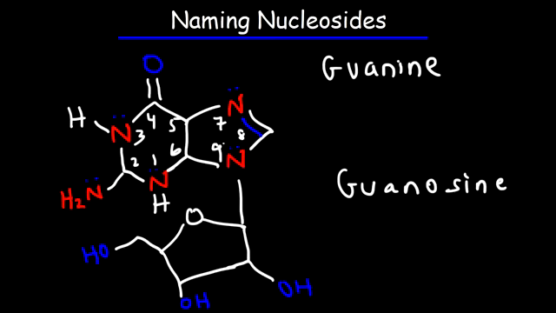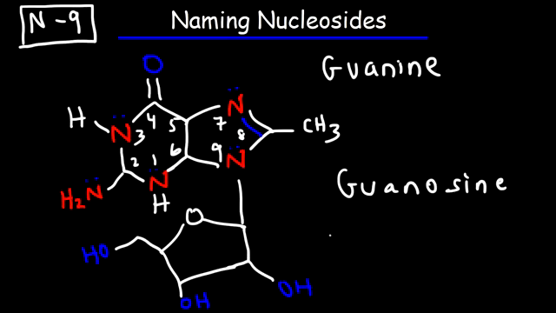So as we can see, the purine is attached to the ribose at the ninth position on the nitrogen atom. Now what happens to the name if we put, let's say, a methyl group on carbon 8? How do we name this particular nucleoside? Well, this becomes 8-methylguanosine.